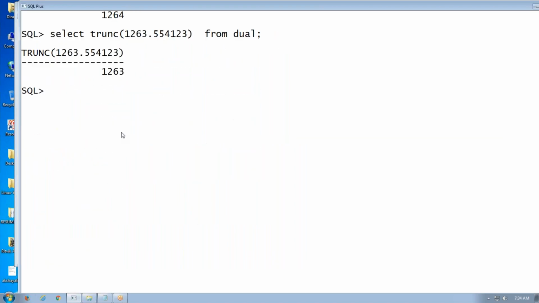See, select floor of 10.757523 from dual. Is the given value an integer or not? Not an integer. If the given value is not an integer, the floor function prints the immediate integer below the given value. Below the given value, the immediate integer is 10.